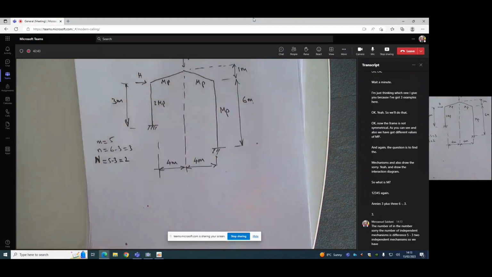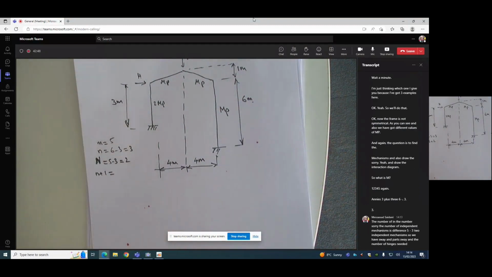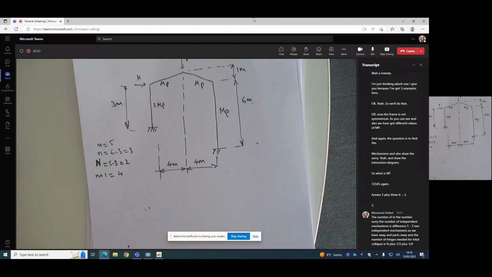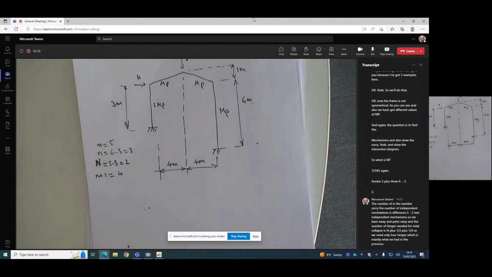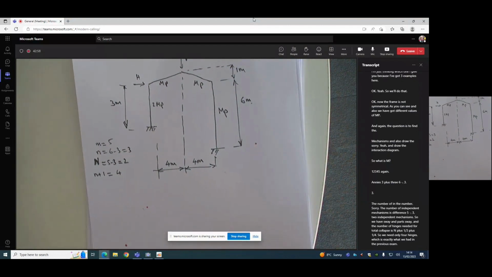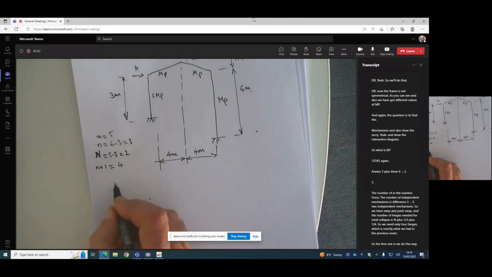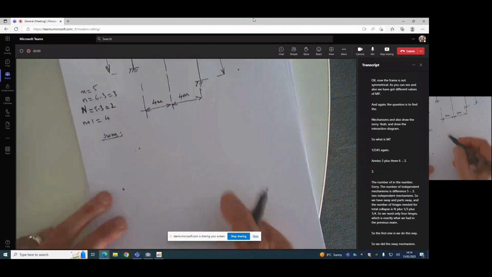So we have sway and part sway, and the number of hinges needed for total collapse is n plus 1, 3 plus 1, 4. So we need only 4 hinges, which is exactly what we had in the previous example. So the first one is the sway mechanism, and I'm going to draw it here.